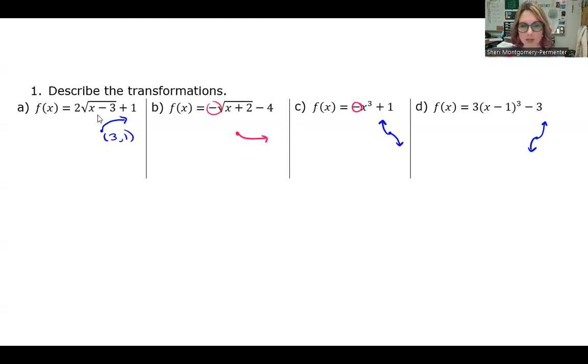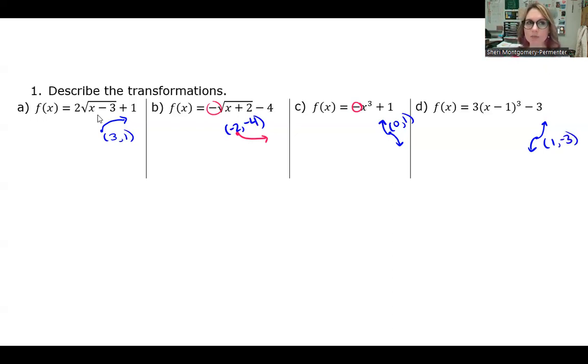For B, what's that point going to be? -2, -4. There's nothing in the x grouping for C. So it starts out as 0, 1. And for the last one, what should it be? 1, -3.